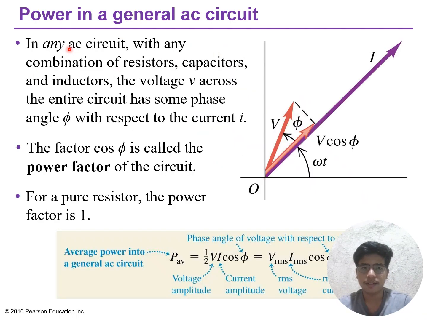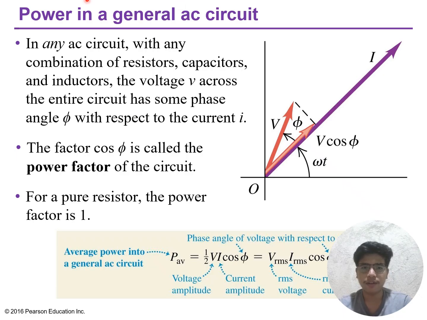So in this slide, it presents the universal AC circuit. So the power formula for any combination of resistors, capacitors, and inductors where the voltage V across the circuit leads the current I by phase phi.